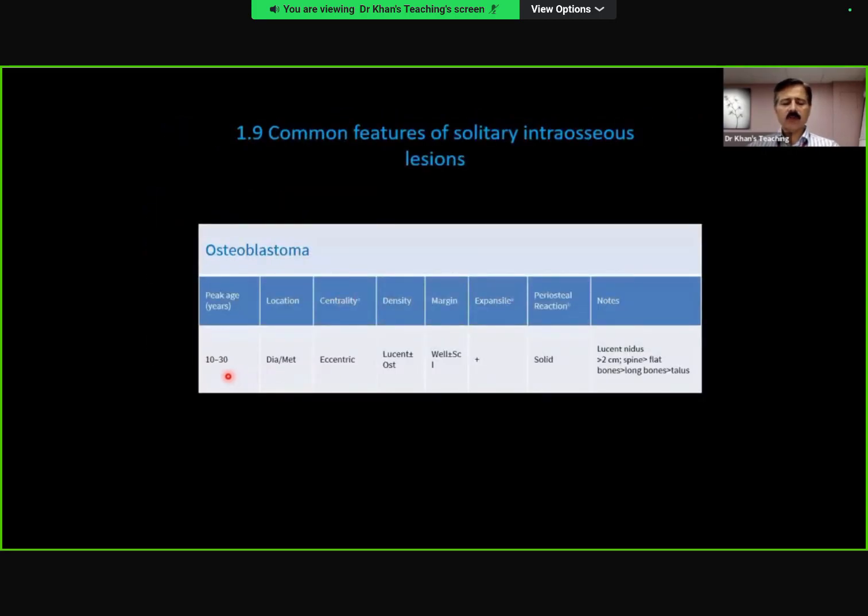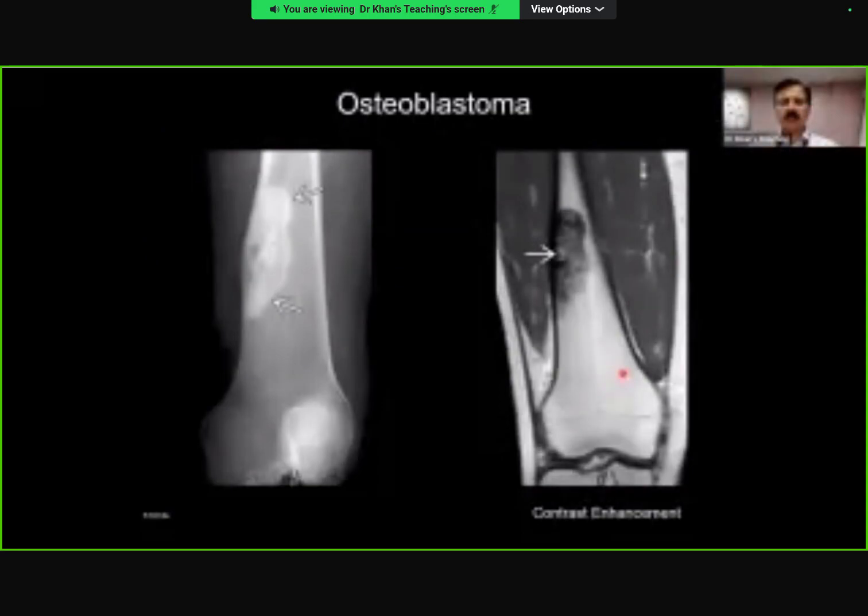So this is from the book, and the main thing is that the nidus is more than 2 centimeter, and this is an osteoblastoma from literature, and this is a long bone. They will not show you usually osteoblastomas in the long bone.